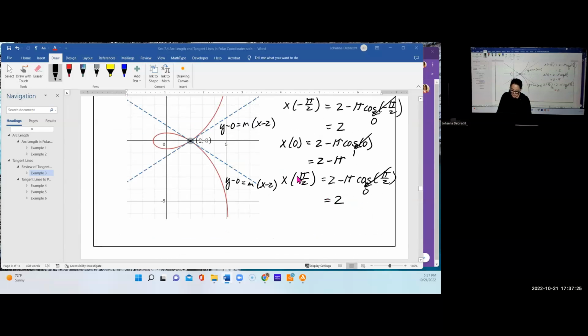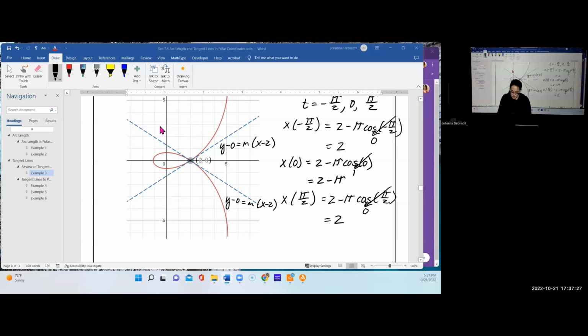Looking back up at our equation, the one that is positive is the 2 over pi, and the one that is negative must be the negative 2 over pi.